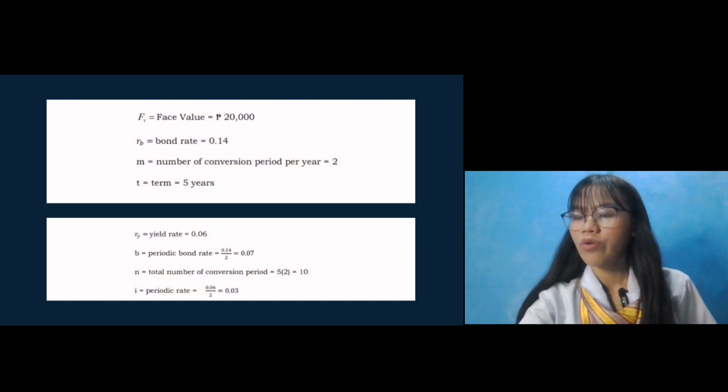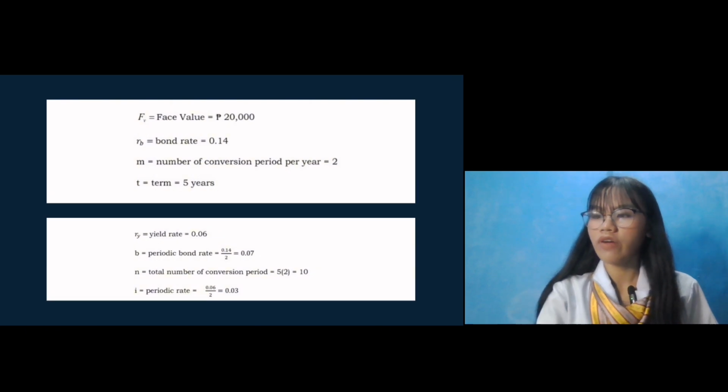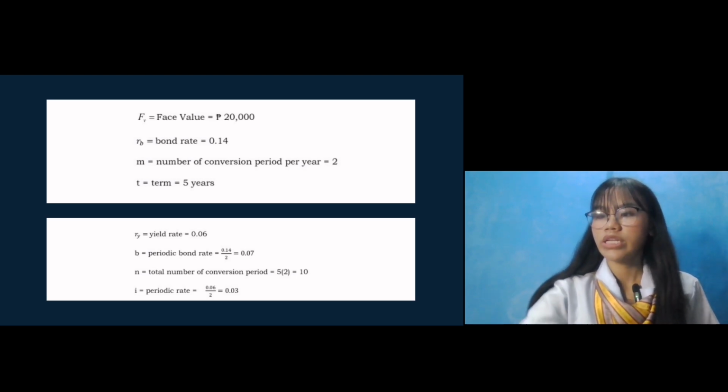Now, we have B here. So our B here, in our numerator, will be the rate from the face value. And since that is our numerator, our denominator would be the M, since our conversion period of the interest is semi-annual, so that would be 2.